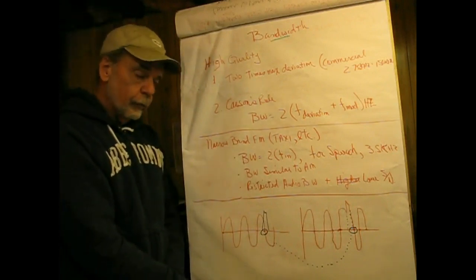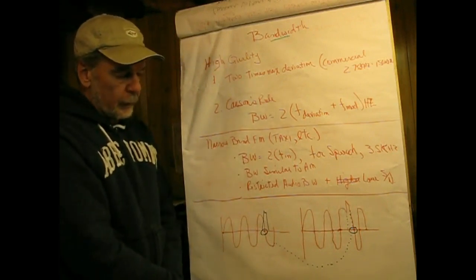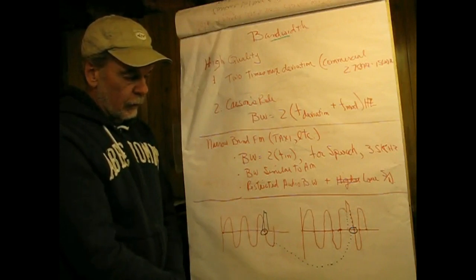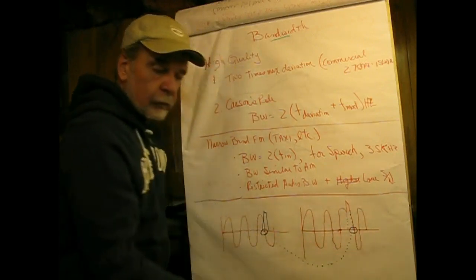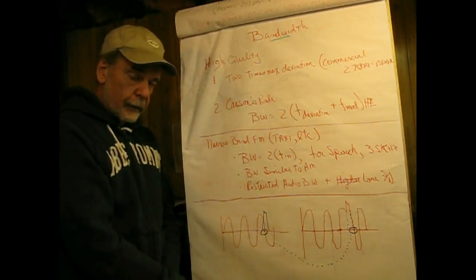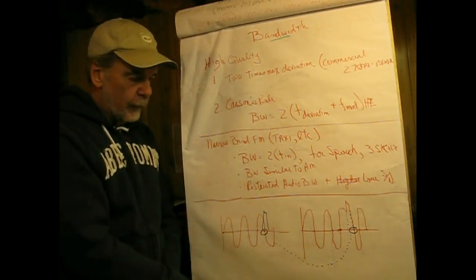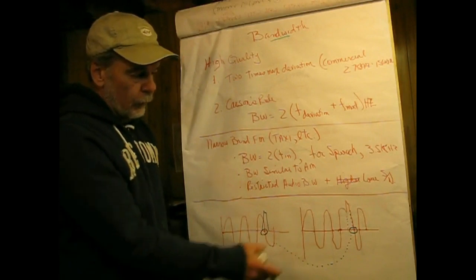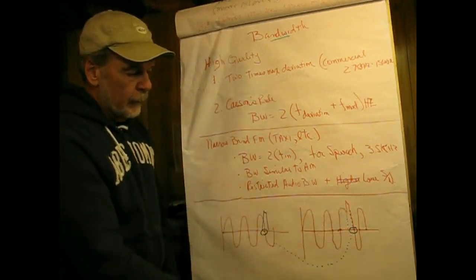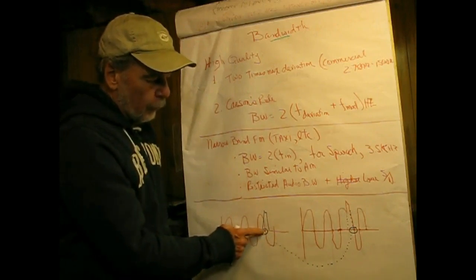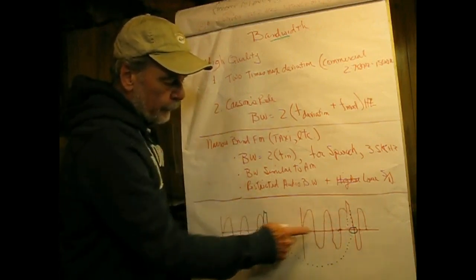It's additive, we'll say. But it doesn't matter because the receiver has a stage called a limiter, which is basically going to whack the tops and bottoms from the intermediate frequency of the FM radio, and in so doing will eliminate any changes in amplitude. However, do note that the crossover point here is shifted.